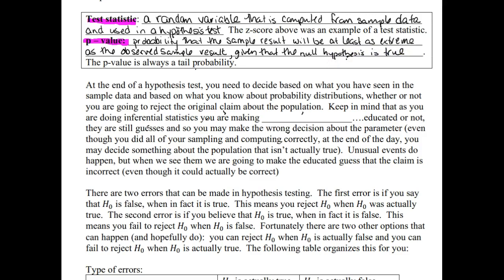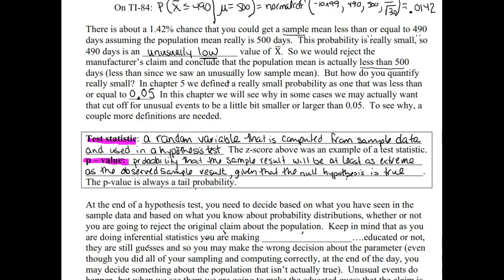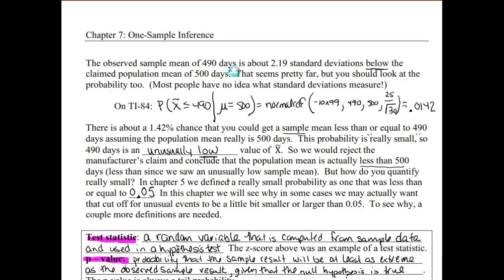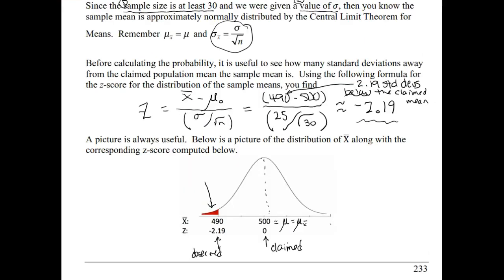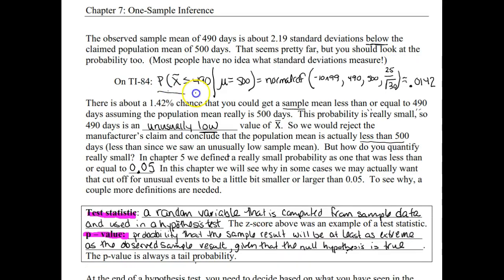So the p-value is always a tail probability. So if we go back and scroll up here for just a second to our picture, here we computed the probability of getting a sample result at least as extreme as the one we got, assuming the null hypothesis was true. So here's our probability of getting a sample result at least as extreme.